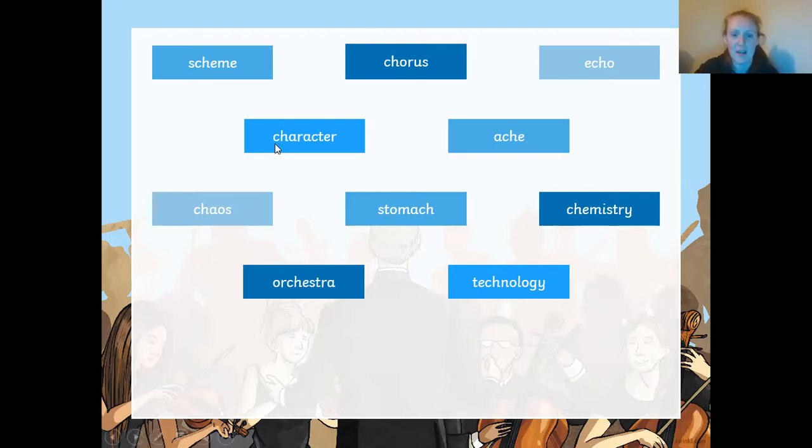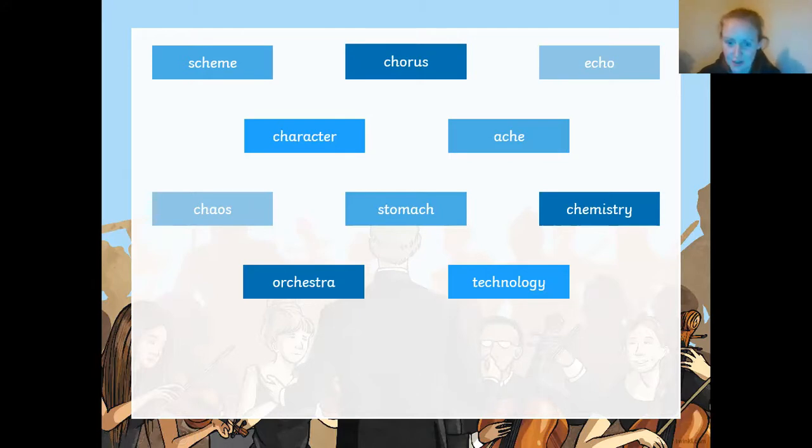Let's have a look at this one then. If I was in lower school, I would probably say ch, character. That doesn't sound right, does it? Let's try it with our new rule. Character. Like the character in a story.